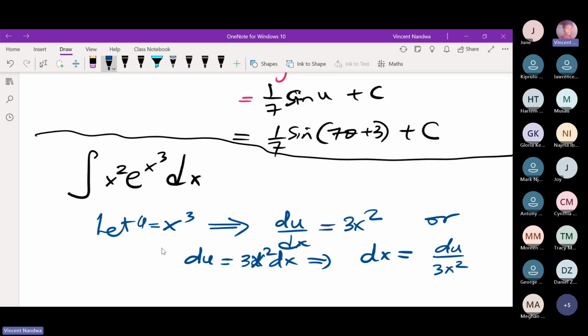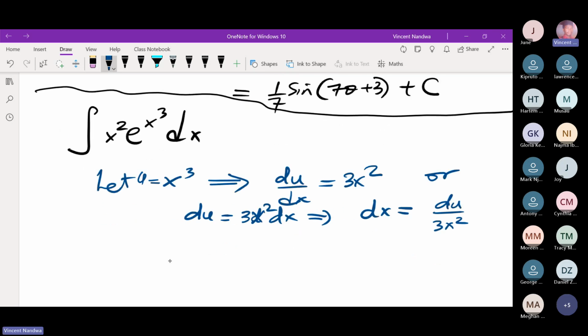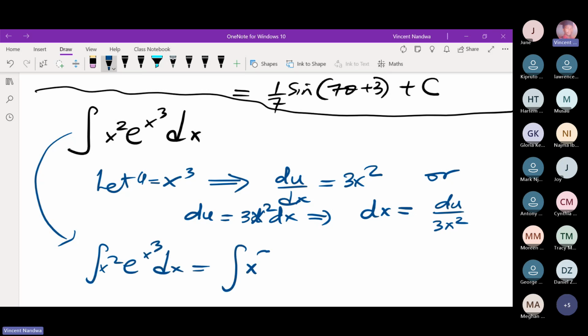Then now you replace back. So here we'll have the integral of x squared e power x power 3 dx will be the integral of x squared e power u, where there's dx you put du over 3x squared.